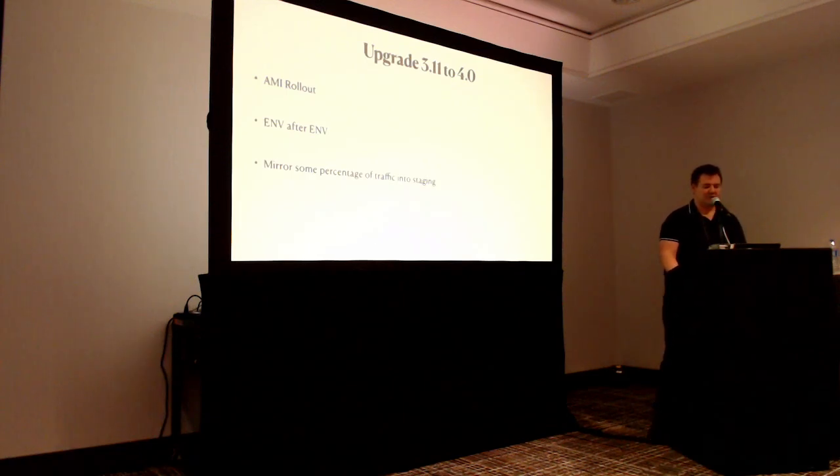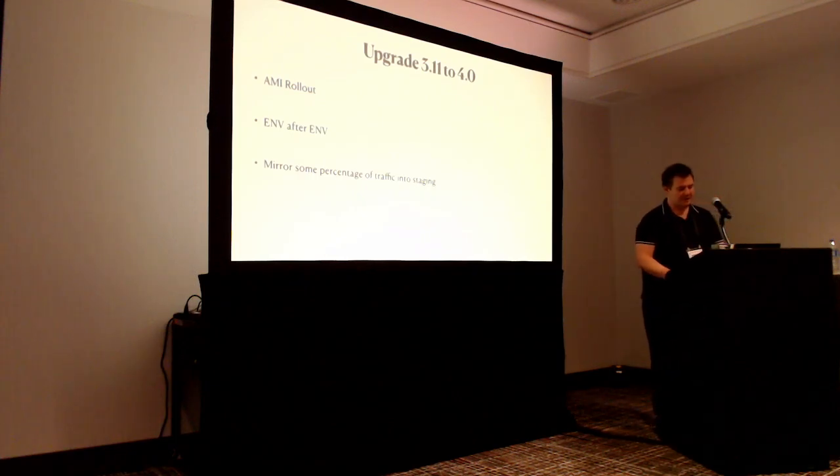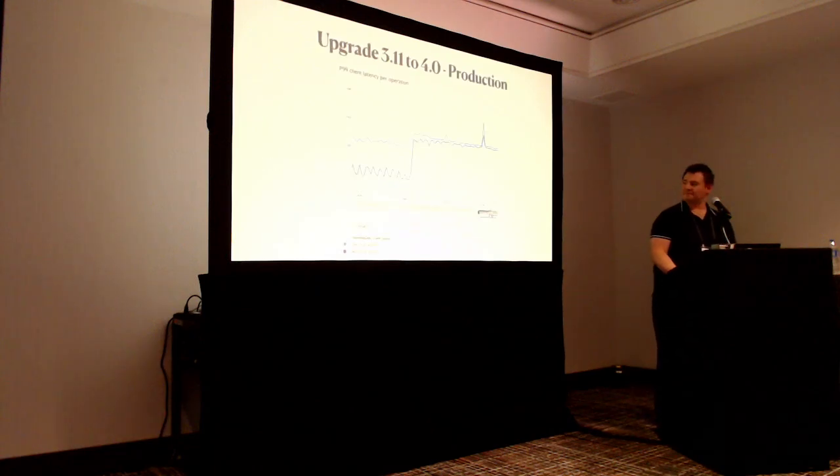After that, I'm mirroring some percentage of traffic into staging to figure out if Cassandra behaves correctly. Yeah, I'm using Datadog for monitoring, and after upgrading from 3.11 to 4.0, my latency goes up.